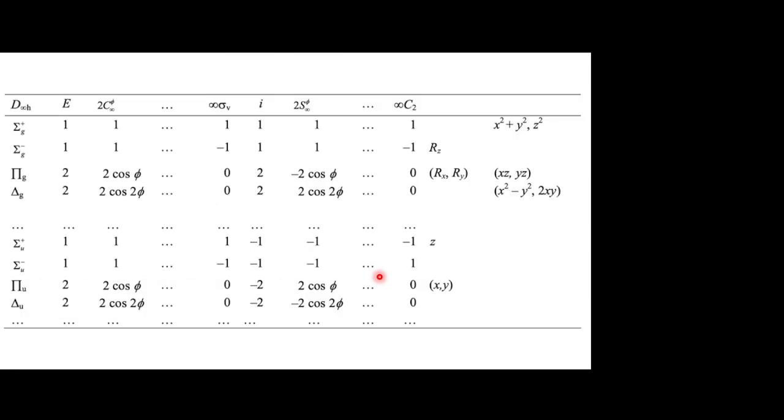Anybody have any other questions here? Everybody got how you get the numbers there? Once you have those numbers, you would go back to this table here, and that's going to tell you your number of infrared, your number of Raman active, right? So for example, we double check this one. That's the U plus.